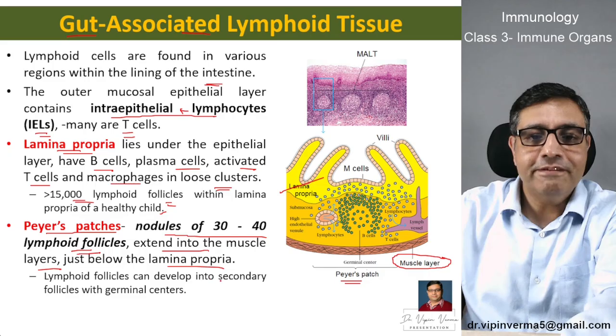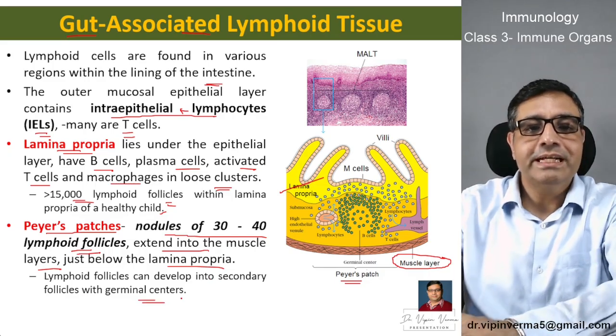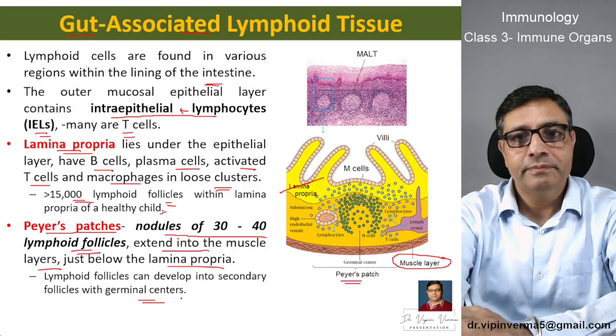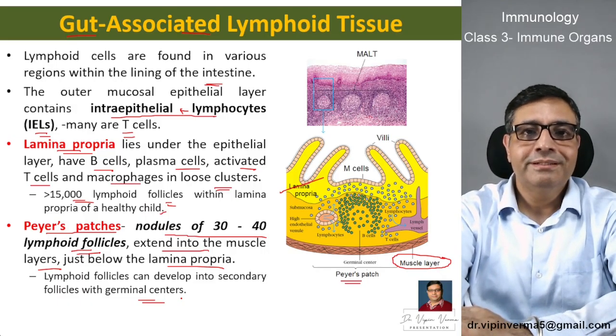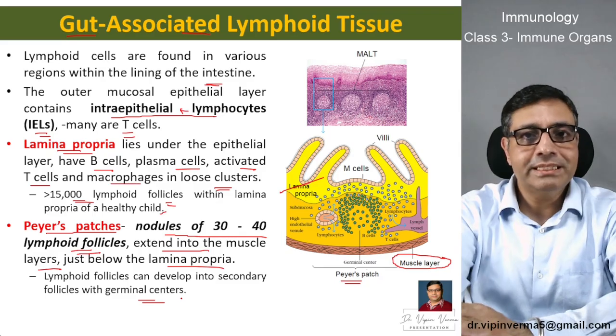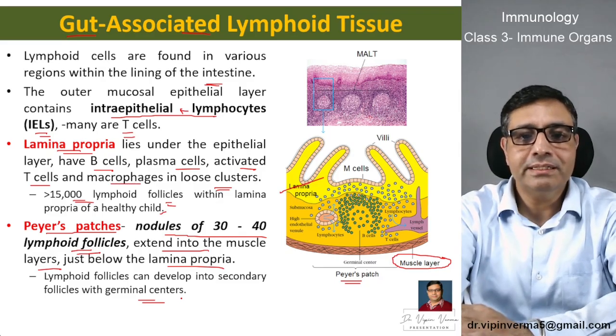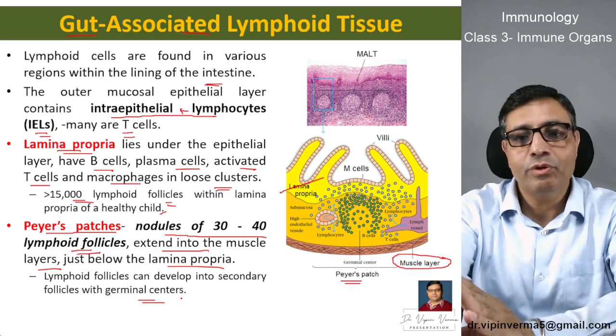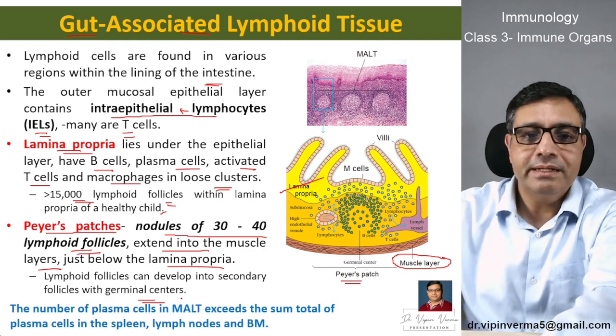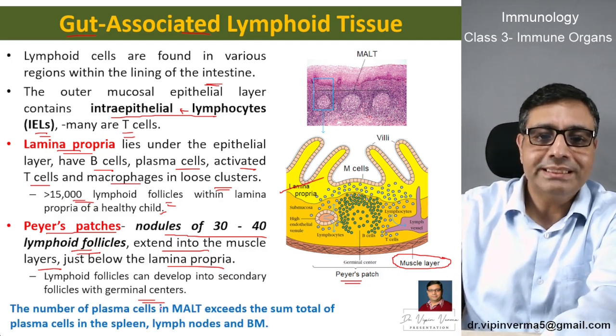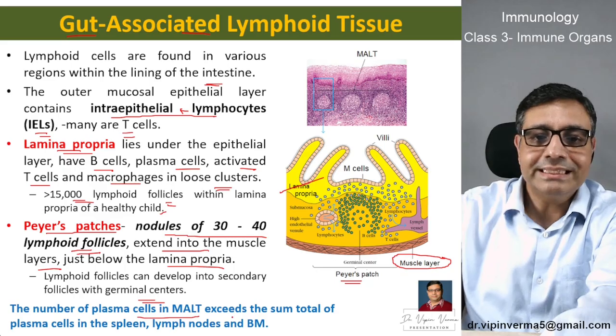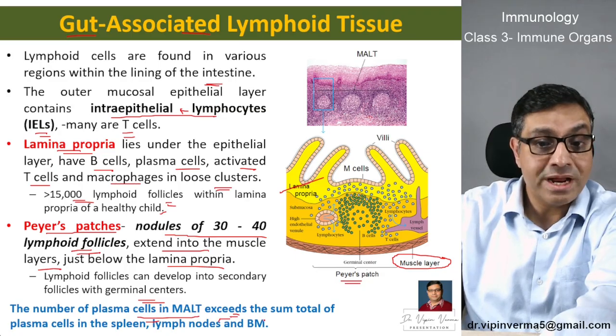Lymphoid follicles can develop into secondary follicles with germinal centers. You have just seen that when a primary lymphoid follicle develops a germinal center, we call it a secondary follicle, and you can find this secondary follicle here. The number of plasma cells in MALT exceeds the sum total of plasma cells in the spleen, lymph nodes and bone marrow.